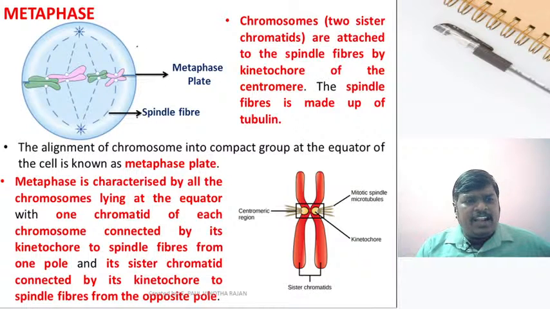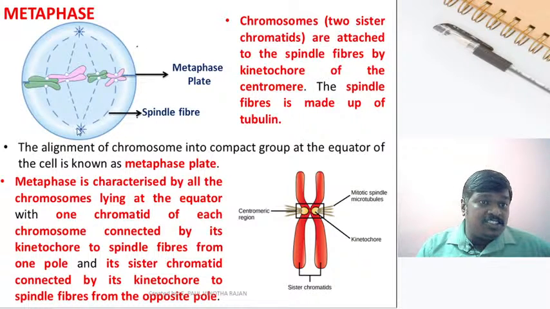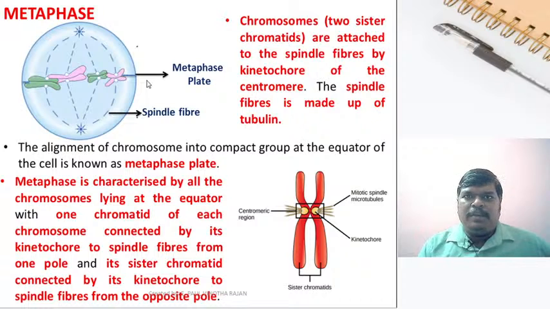The centriole starts producing spindle fibers, and those spindle fibers attach to the kinetochore of the chromosomes and arrange all the chromosomes in the equatorial plate at the center. The spindle fibers are made up of a special protein called tubulin.